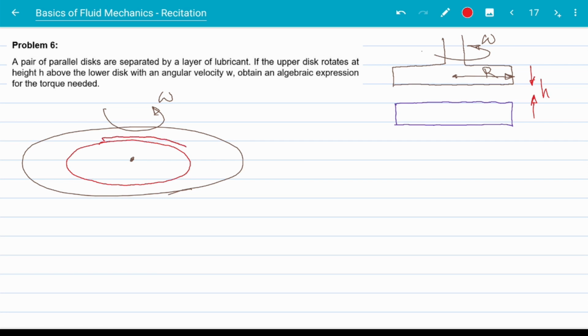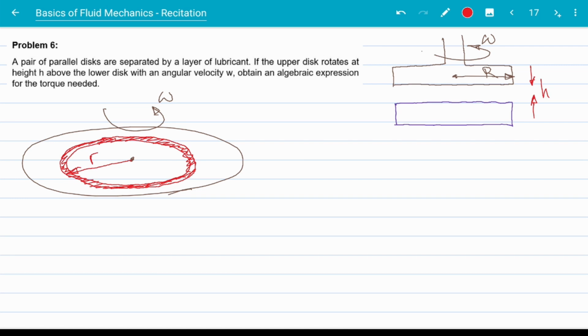This is the fluid element that I want to analyze. I'm looking at it from an isometric perspective, but this is actually a ring. The center of this ring is at a distance r, small letter r, from the center of the disk.